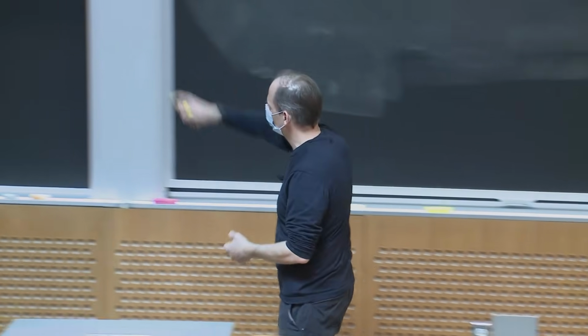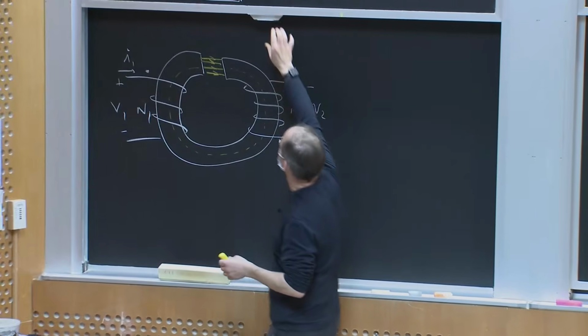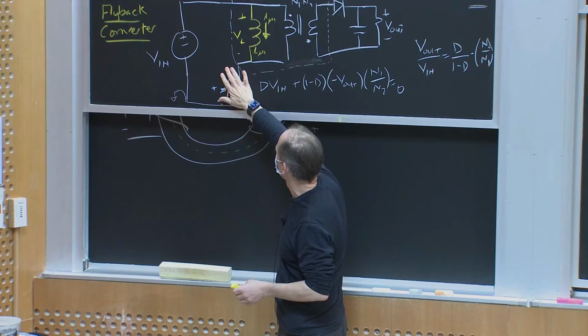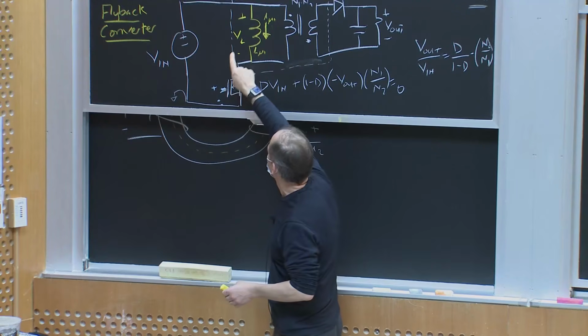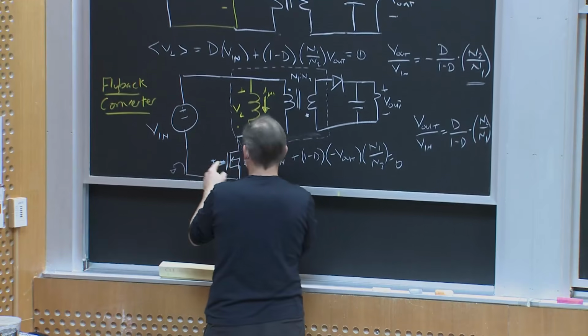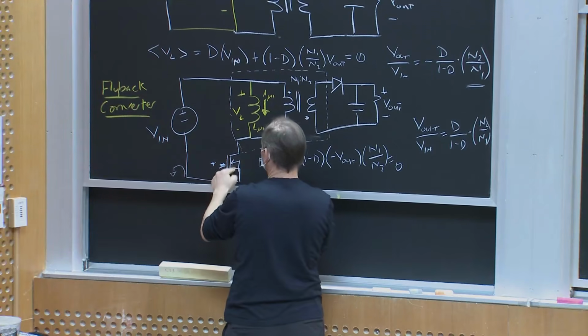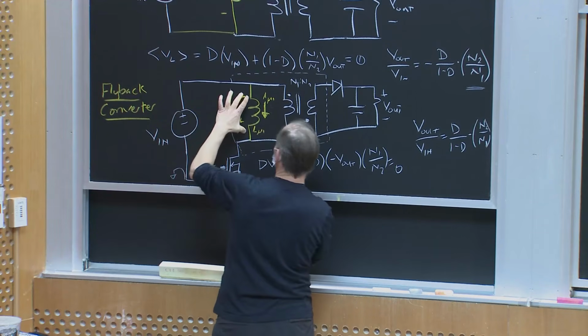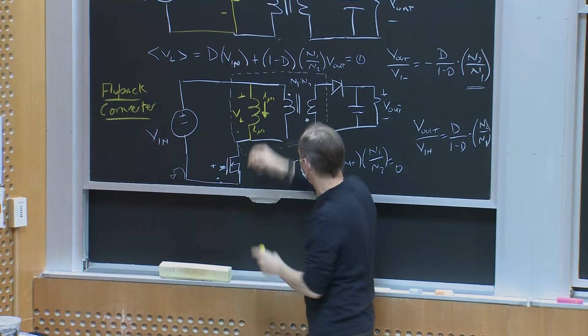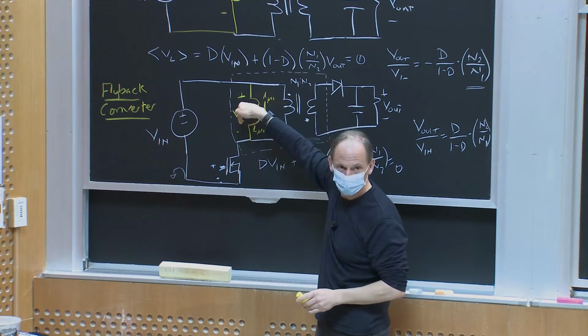So what are we going to do? In the first part of the cycle in this converter, I turn on this switch. This magnetizing current basically circulates this way, and I'm applying Vn across the magnetizing inductance, and the current I mu1 is linearly increasing.